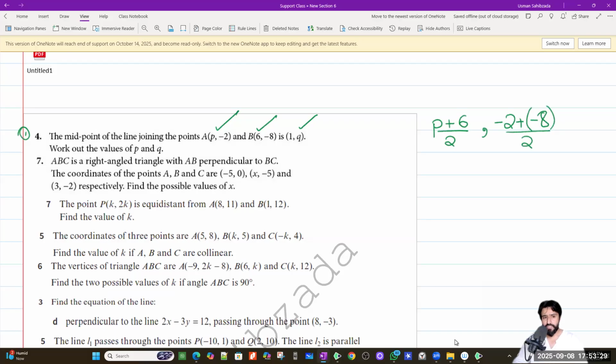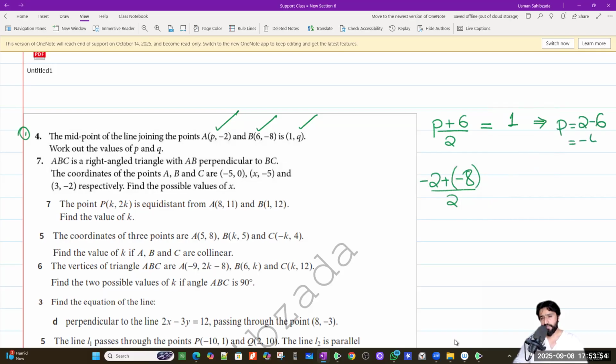Now, this is one style. Guys, I don't want you to just stick to this style. Change your style, please. So what's the change? p plus minus 6 over 2 is equal to 1. Therefore, 2 multiplies on the other side. p is equal to 2 minus 6.